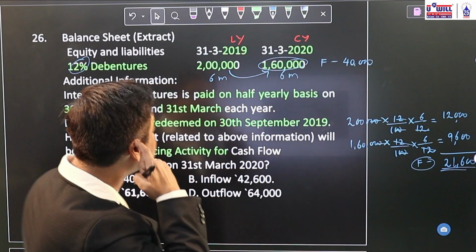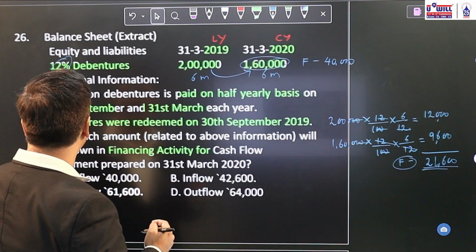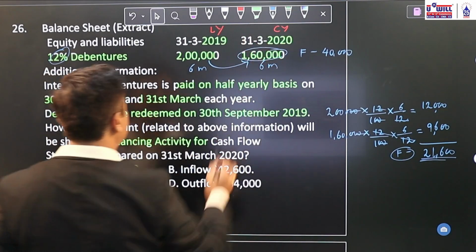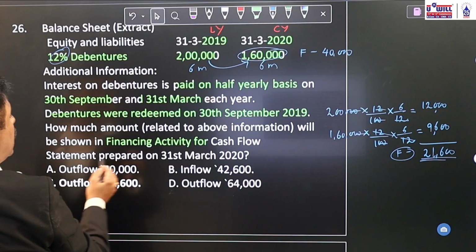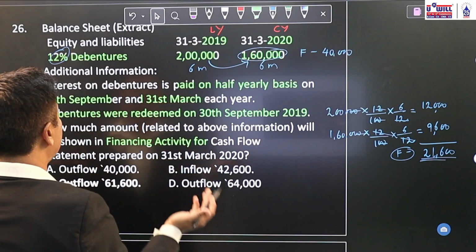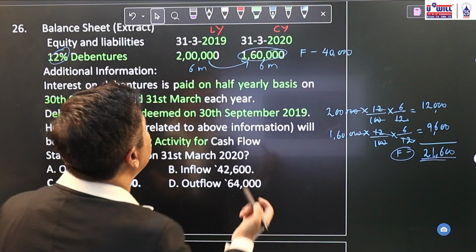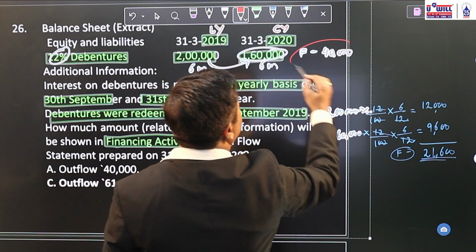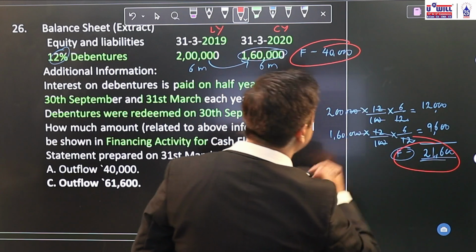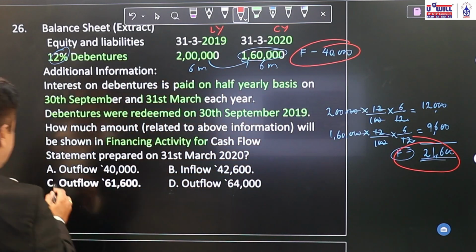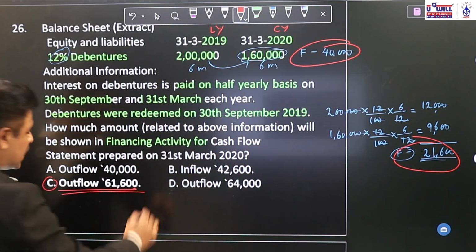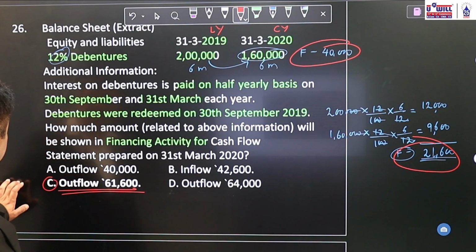Then next. Okay, no other information is there. So 40,000 and 21,600, 61,600 is the total cash outflow of financing activities.